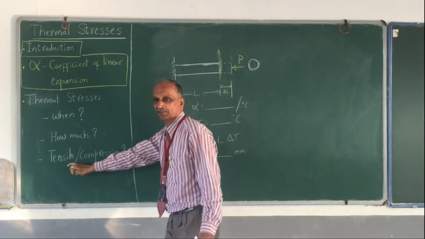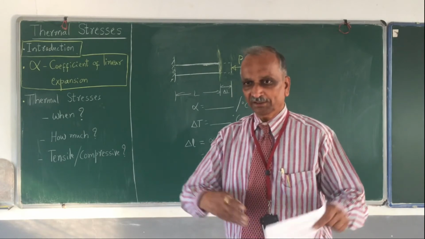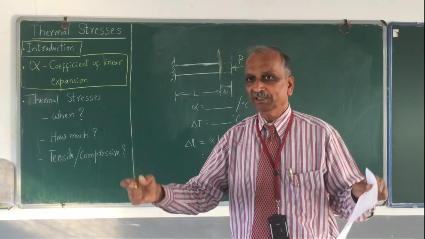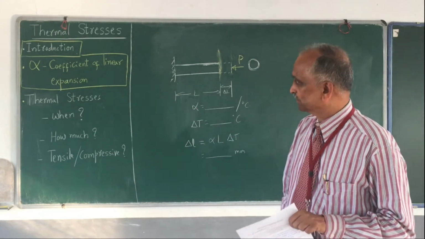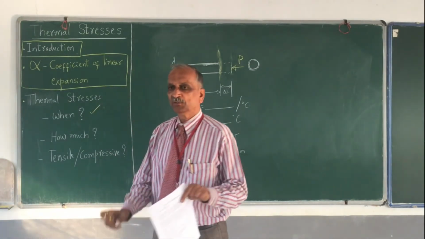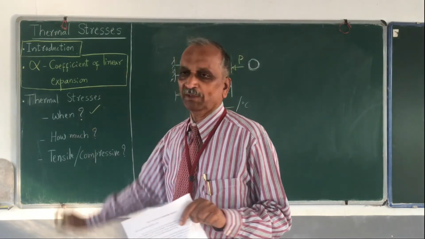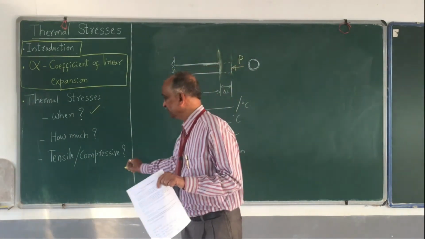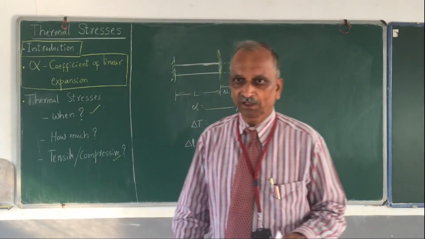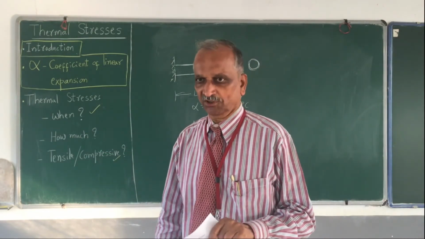I am answering the third part: if the temperature is increased and the length is not allowed to increase, that member is subjected to compressive stress. So I have answered when thermal stresses are there. If free expansion or free contraction is prevented, then we have thermal stresses. If free expansion is prevented, then I have compressive stress. If free contraction is prevented, then I have tensile stress.